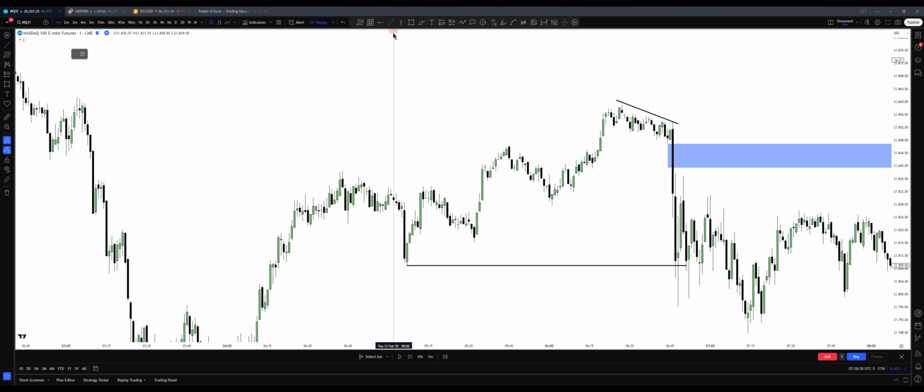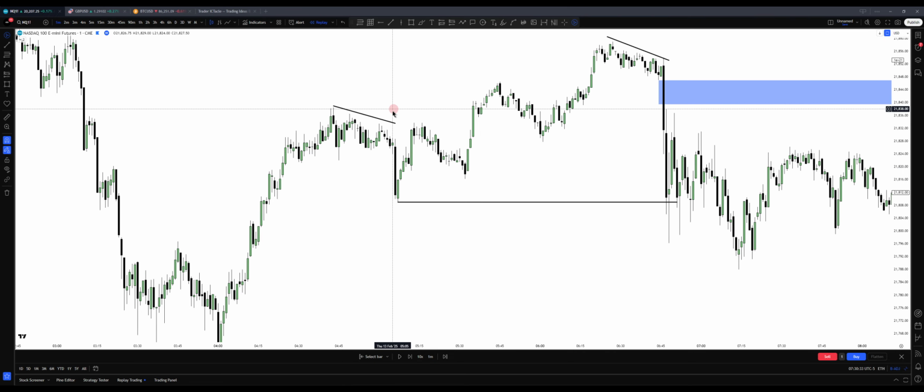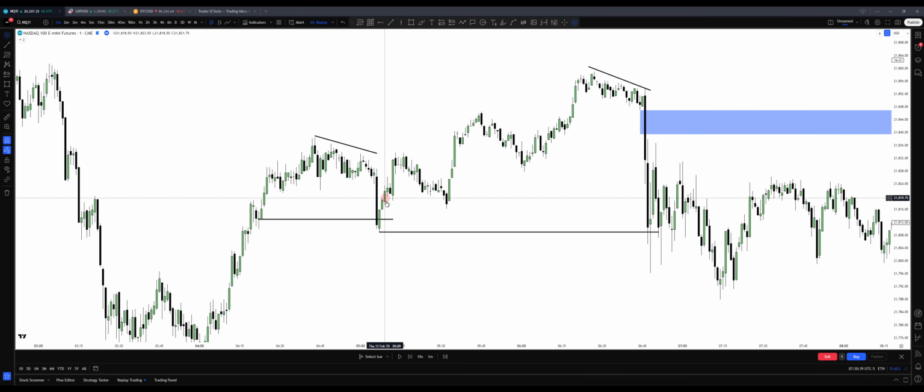Same goes for here. Low resistance, aggressive move down, but what price is just doing is taking out liquidity and offering discount to go higher. So you will not be trading this fair value gap right here.